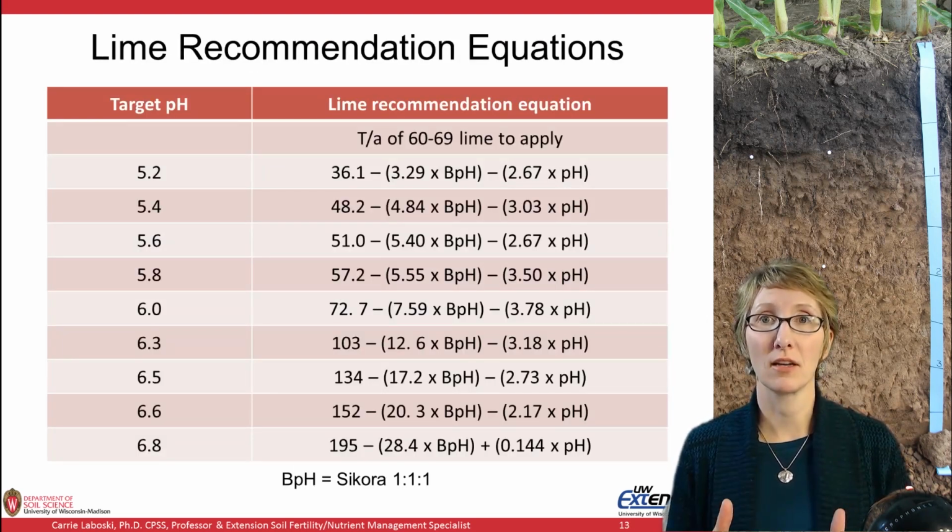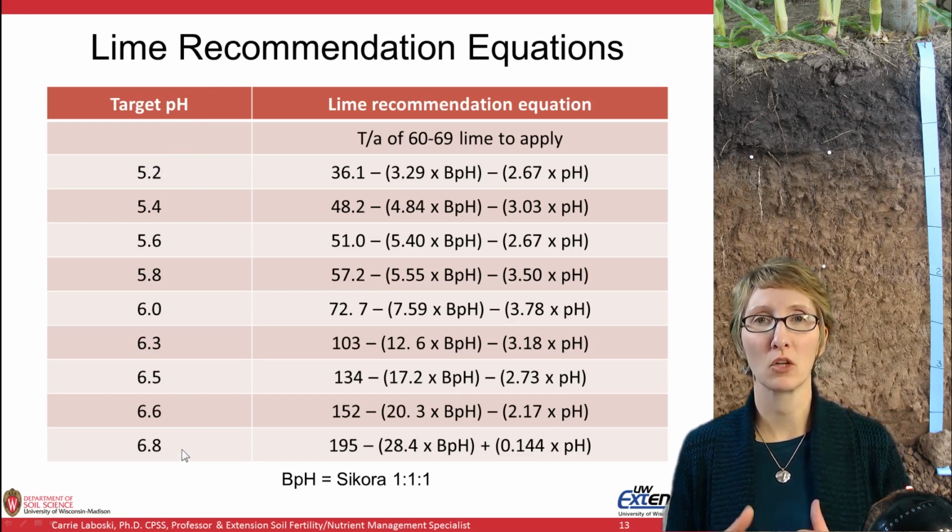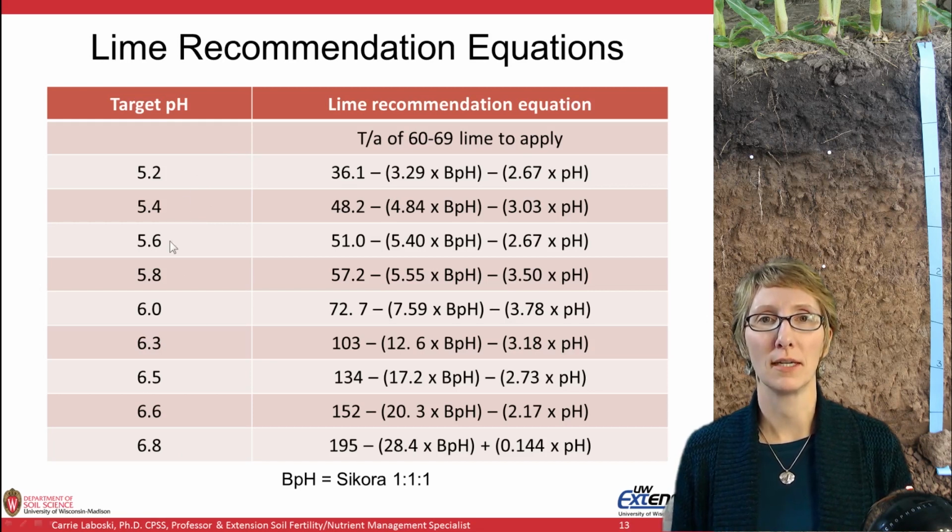And this chart here is showing the different lime recommendation equations depending on the target pH for your rotation. In Wisconsin, we have a large number of different target pHs because we grow a variety of crops here in the state that have a wide range of target pHs. So we need to have some flexibility for that.